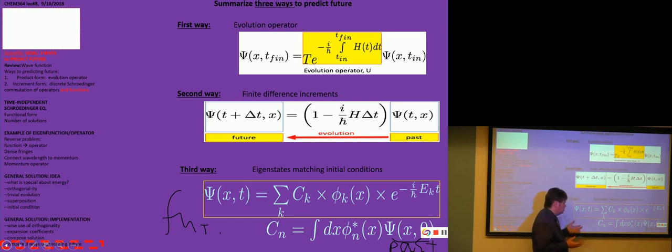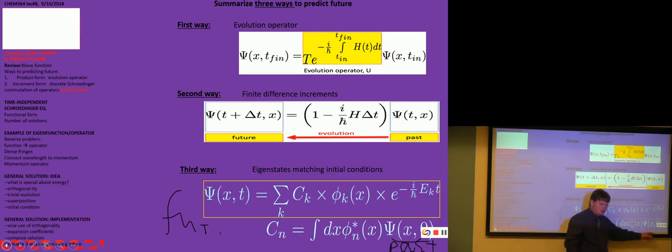But in brief, these coefficients C are discrete. They're a set of numbers rather than continuous functions. And they hold signatures, traces of the past, of the initial function.